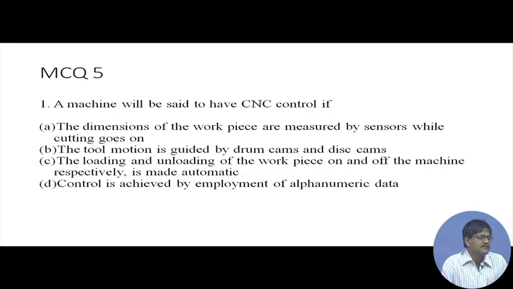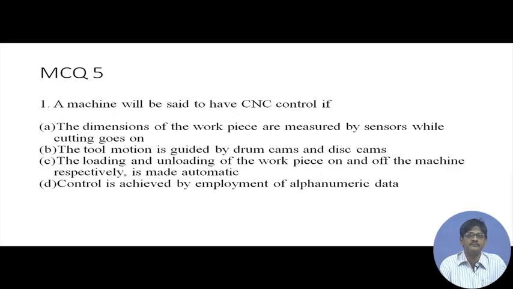So, second option is the tool motion is guided by drum cams and disc cams. So, it is suggesting that some physical devices are guiding the tool. So, no, this is not CNC. Cams are physical devices which can guide the tool through its motion cycle. Then comes the loading and unloading of the workpiece on and off the machine respectively is made automatic.